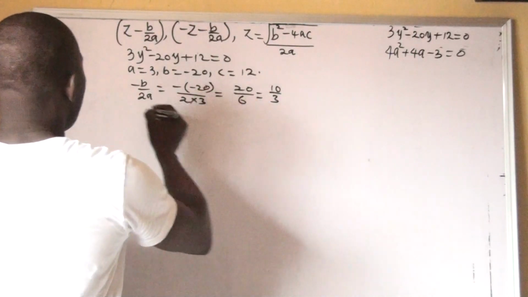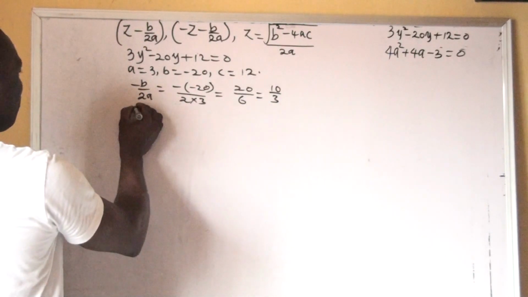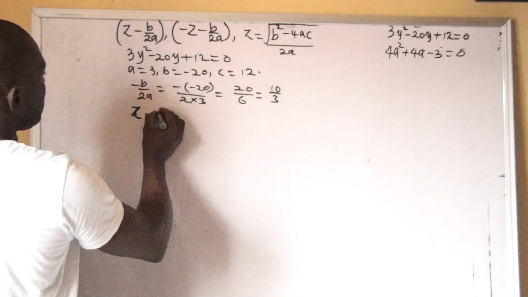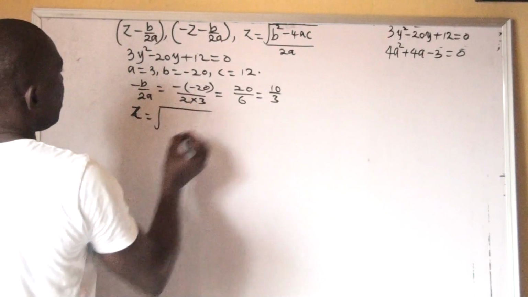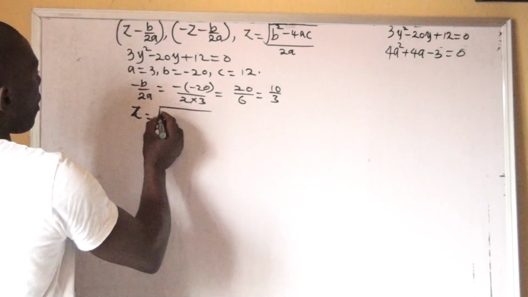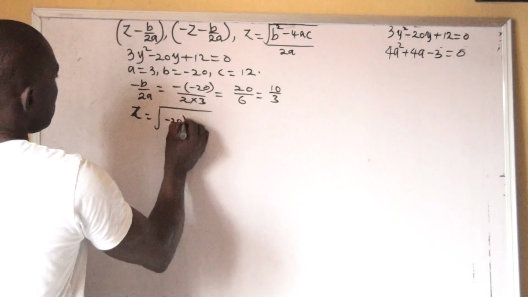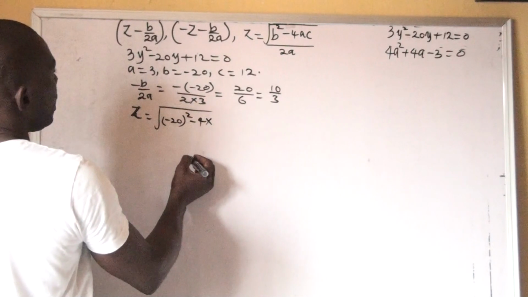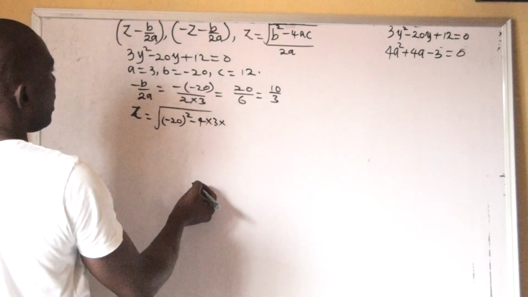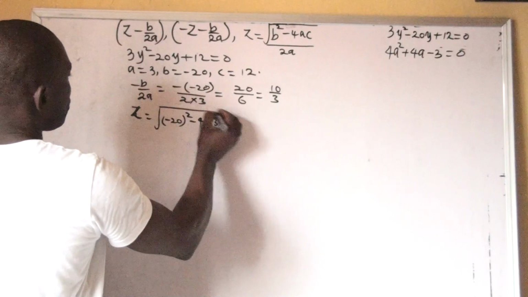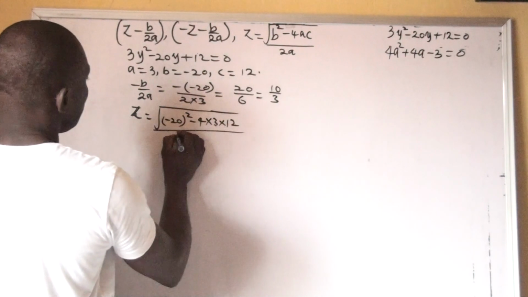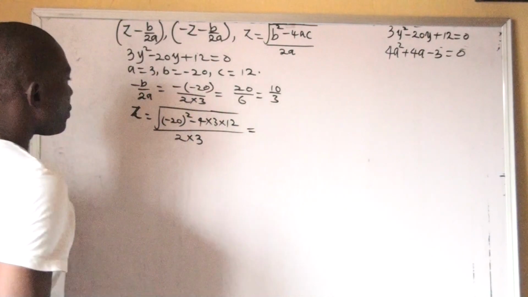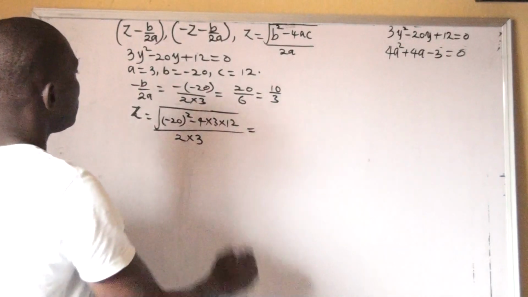Now let's find the value of z. Z is the square root of b squared minus 4ac over 2a. So b squared is minus 20 squared, minus 4 times a, which is 3, times c, which is 12, all over 2 times 3, which is 6.